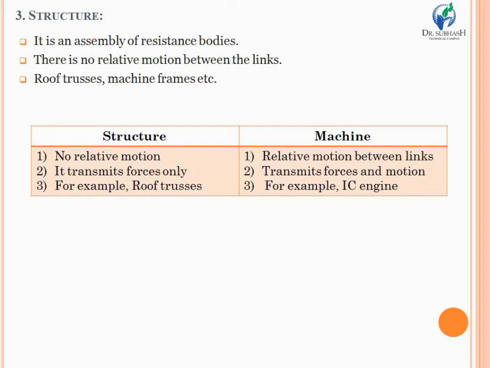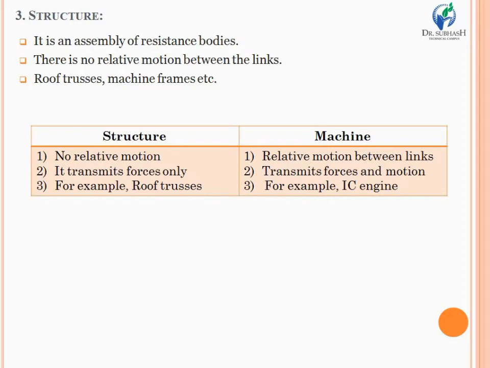In case of a structure, it only transmits especially dead weight or forces, but in a machine component or the mechanism of a machine, it transmits both forces as well as motion, because if you are rotating one link of a mechanism of a machine, of course the other remaining links have relative velocity with each other. So we can say that along with forces, motion is also being transmitted if you are using a mechanism or machine.